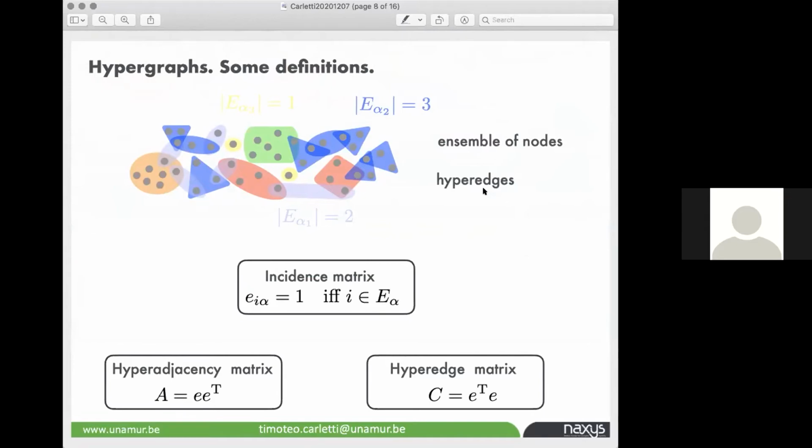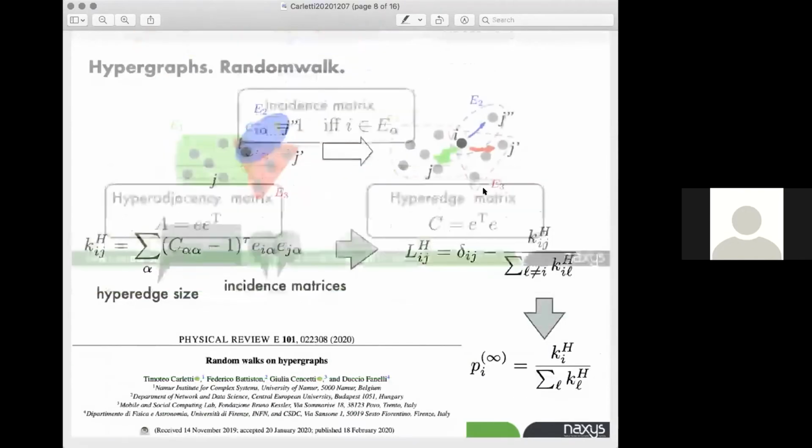Then you can compute the hyperadjacency matrix, or the complementary view, the hyperedge matrix C, where C_alpha beta is the number of nodes shared between hyperedges alpha and beta. In particular, the diagonal of the matrix C gives you the size of the hyperedge.